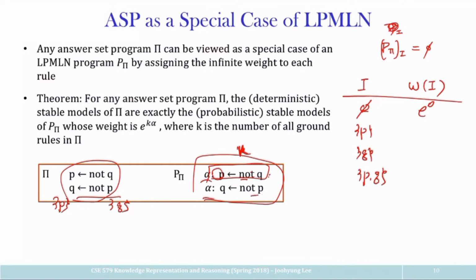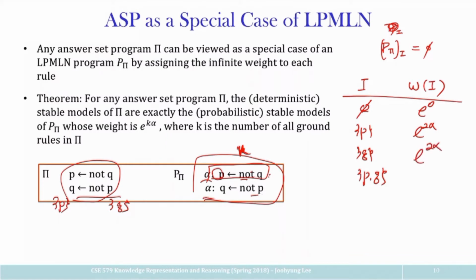And this is also true because not P is in the body, so that's obviously true. The whole implication is actually true. So the subset that we have to look at is the whole program, and is P a stable model of the subset? Yes. Then what is the weight? E to the power of 2 alpha. Good. The second one is symmetric, so it should be e to the power of 2 alpha.